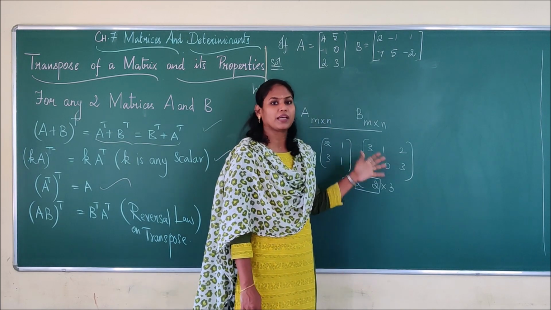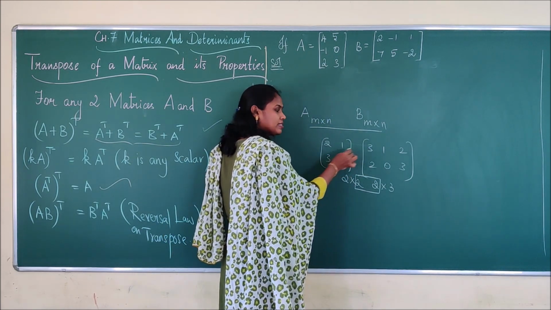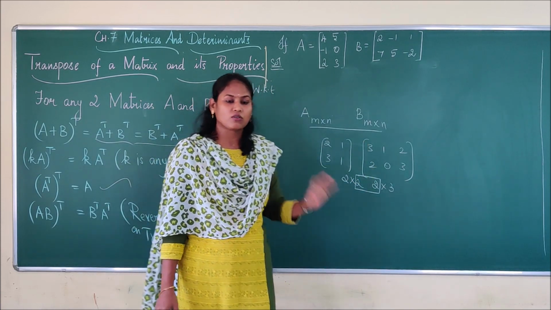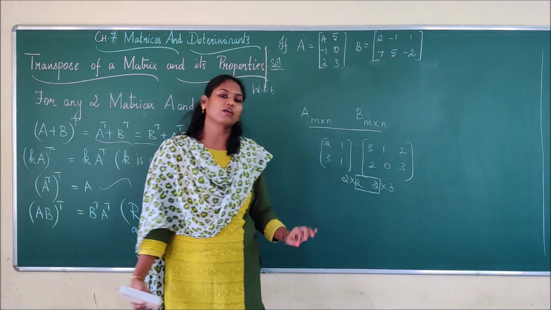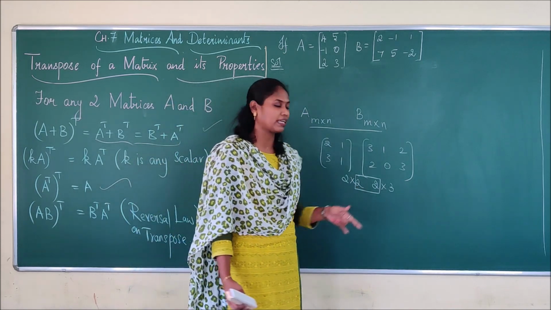They can be multiplied only if the number of columns of the first matrix is equal to the number of rows of the second matrix.